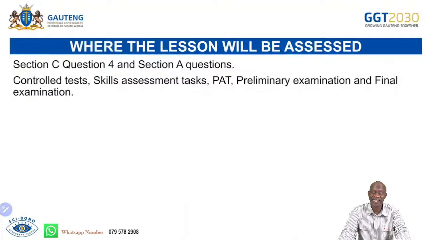It is further assessed during control tests, in the skills assessment task, during the PET, as well as in the preliminary examination, and of course in the final examination, as I've mentioned.